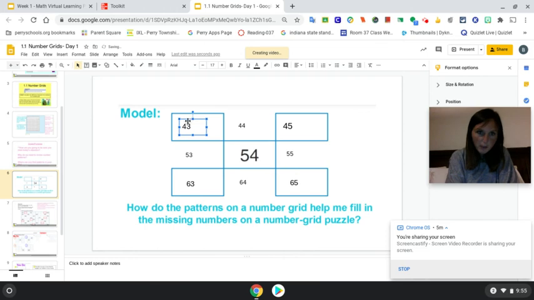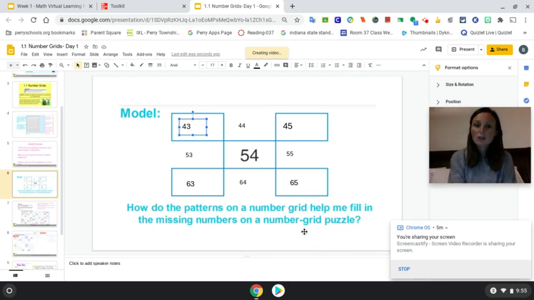So we've got 43, 53, 63. 44, 54, 64. 45, 55, 65. When you go across, counting by ones, 43, 44, 45, 53, 54, 55, 63, 64, 65. So it all lined up, it all worked, so I know that my answer is correct.